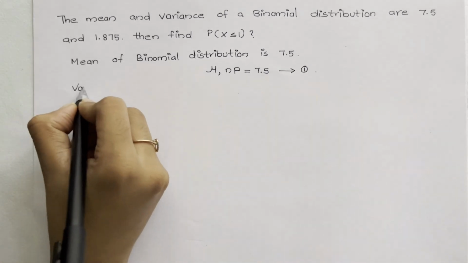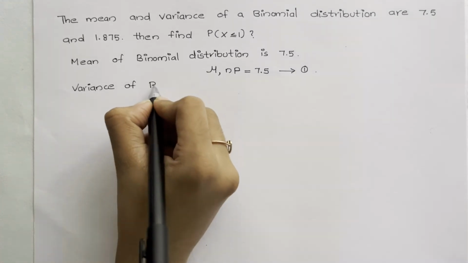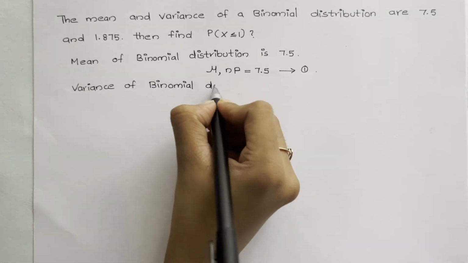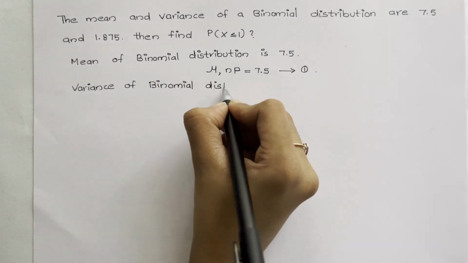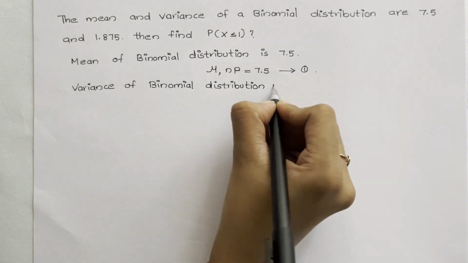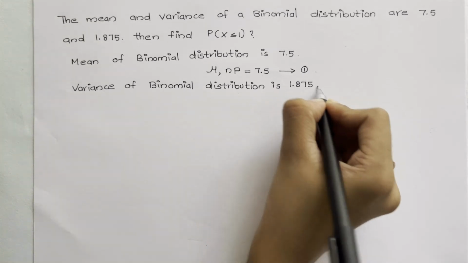Now given that variance of binomial distribution is 1.875.